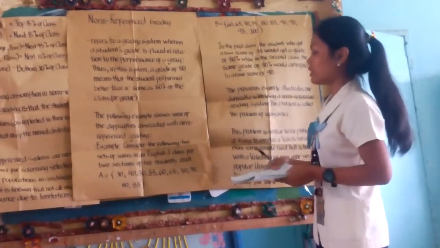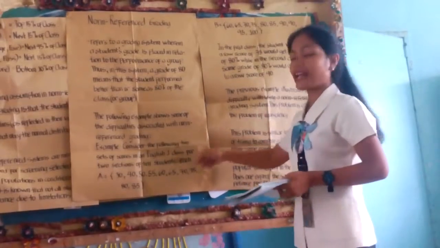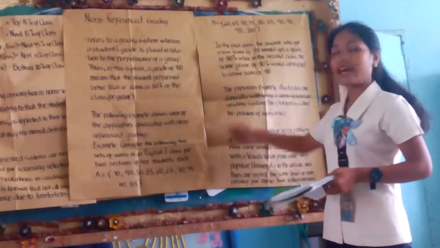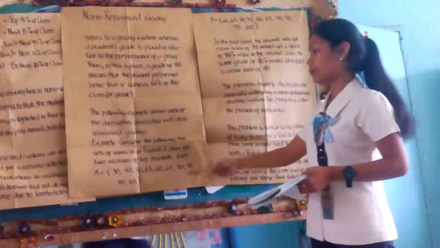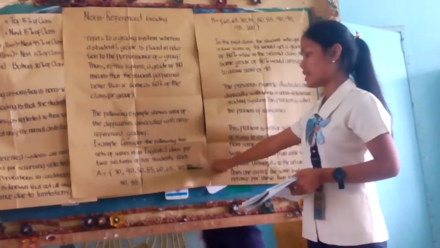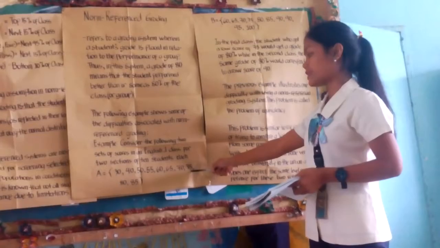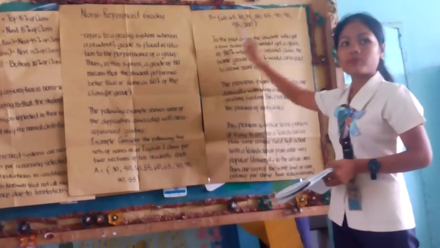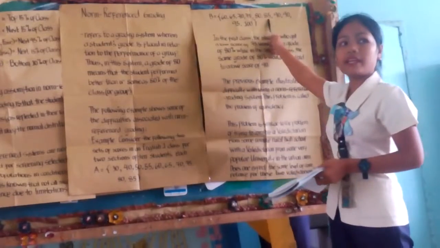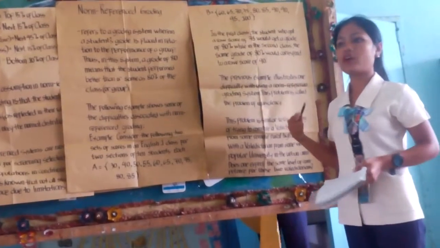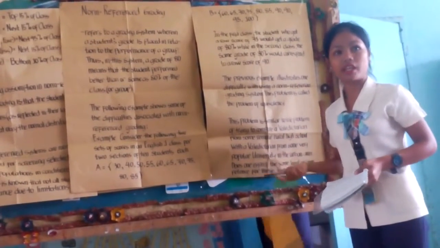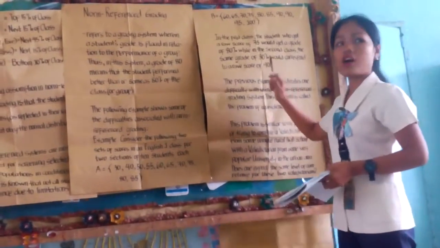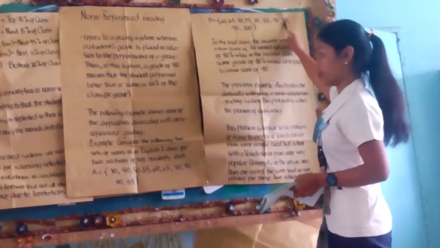A wise student would opt to enroll in class A since it is easier to get higher grades than in class B. So we can see that in class A, 80% would correspond to a raw score of 75, unlike in class B, where the raw score the student must get to achieve the grade of 80% is much higher.